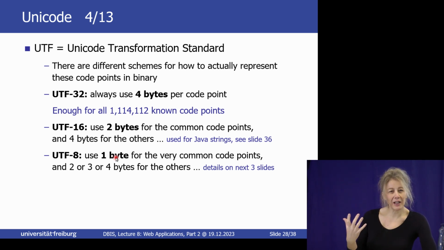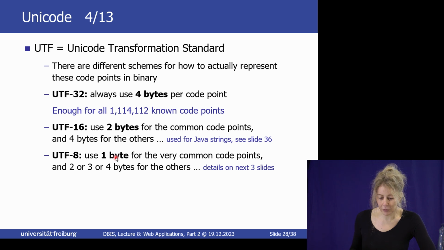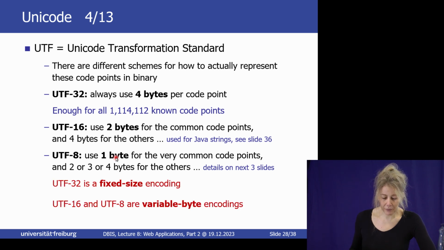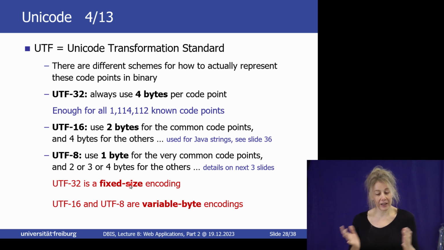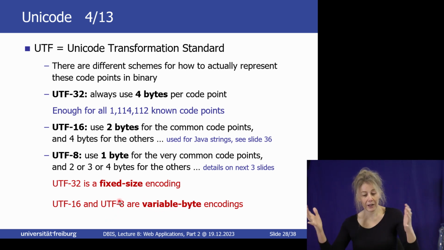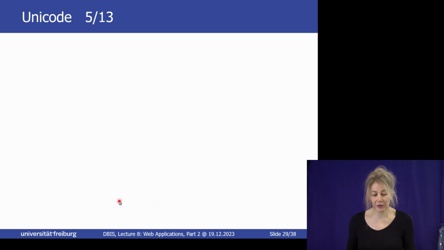It's actually a very elegant and nice scheme, very easy to understand if somebody explains it to you, which I will do now. Yeah, so 32 is fixed size, just to say that again. Always 4 bytes, that's easy, 4 bytes, 4 bytes, 4 bytes, but very wasteful. These are variable bytes, so you need a way to figure out, okay, how many bytes belong together to form a character. And here's the details of UTF-8.